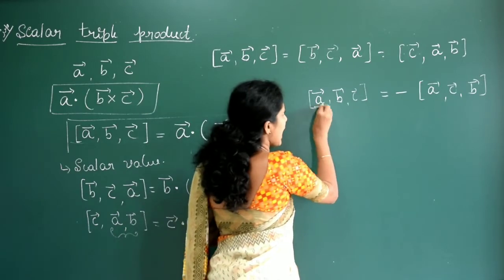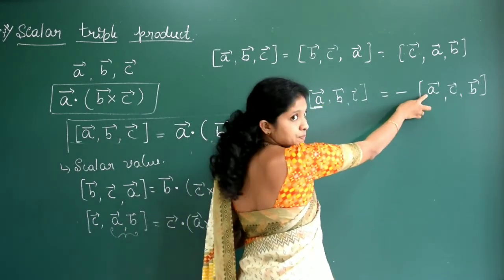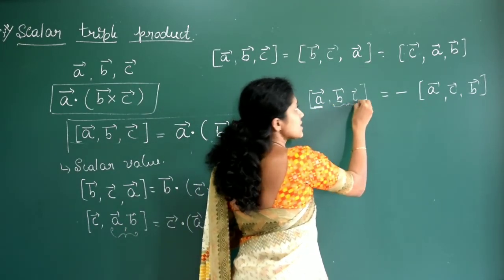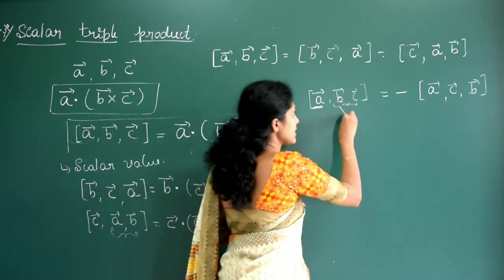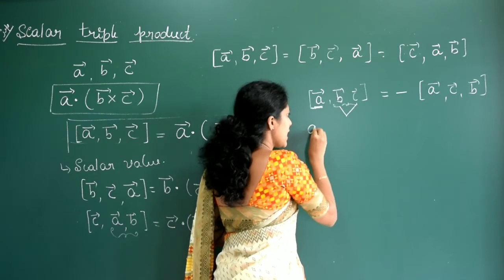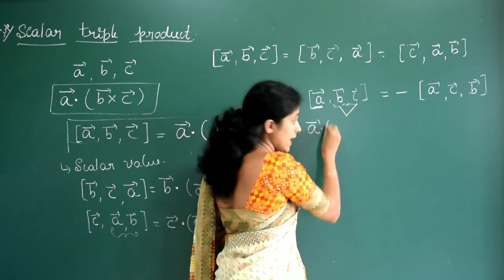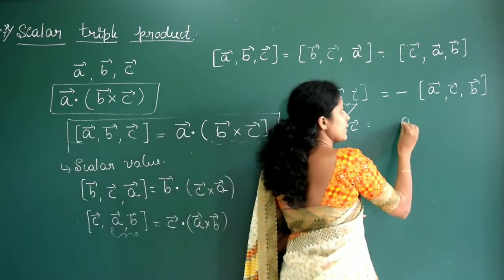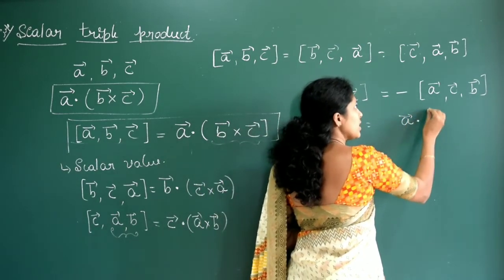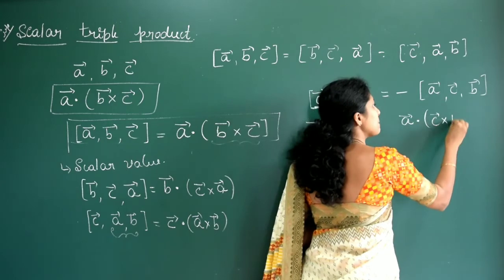Here I have fixed the A vector as it is. In this case, it will be A vector dot B vector cross C vector. Here in this case, it will be A vector dot C vector cross B vector.